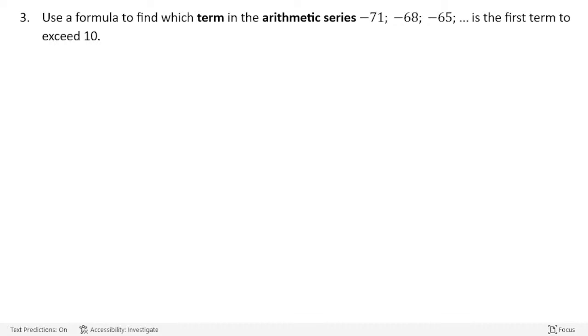In other words, is the first term to be more than 10, to be more than the value 10. 30 seconds remaining. 15 seconds remaining.